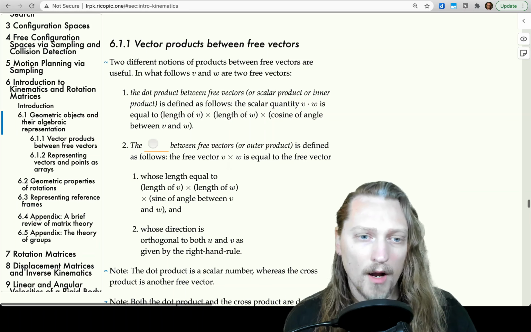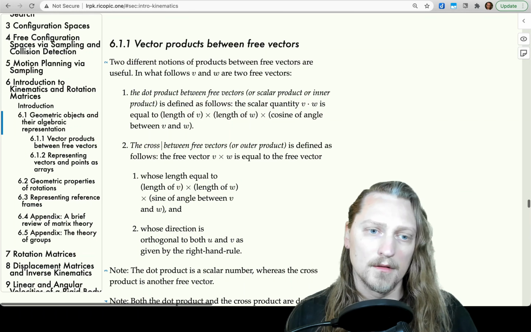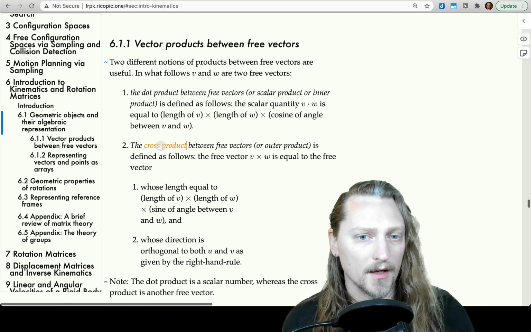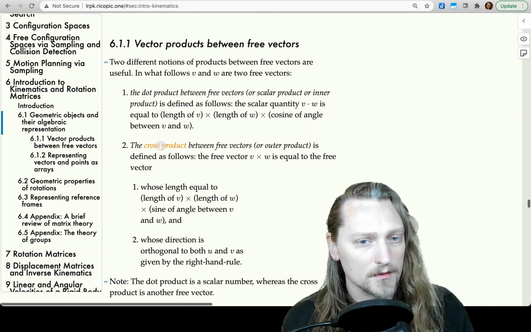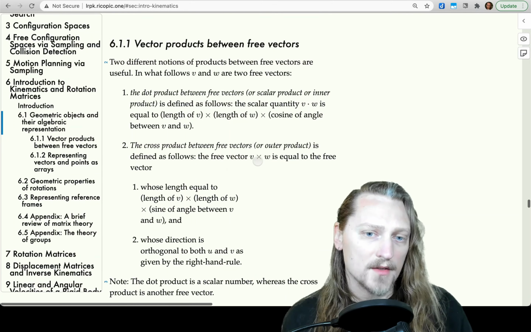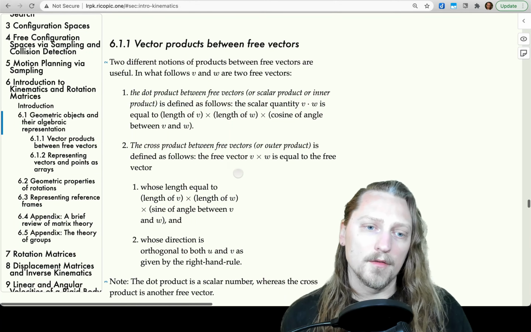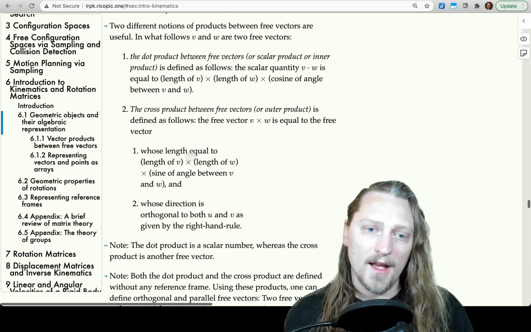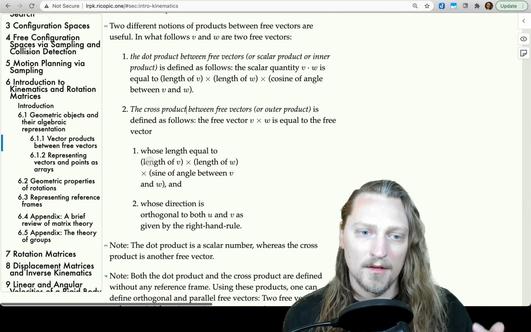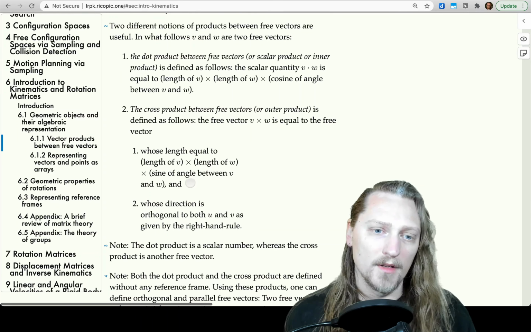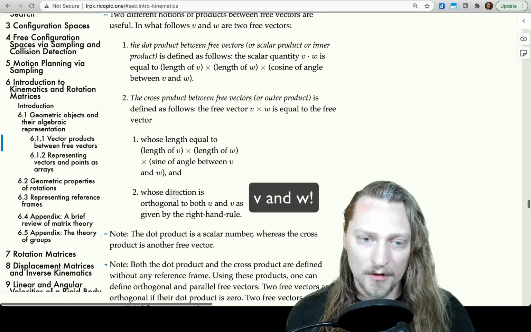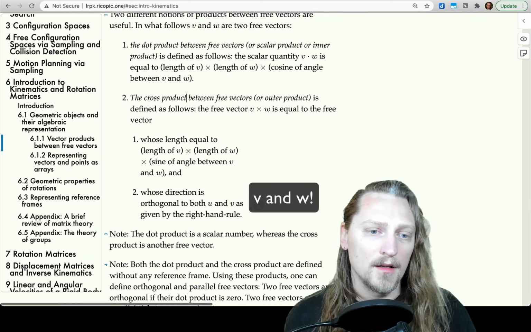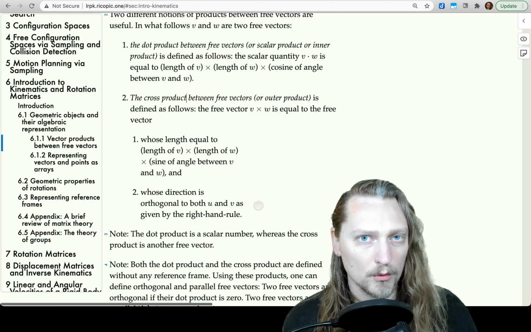Two, the cross product between free vectors, or outer product, sometimes called, is defined as follows. The free vector V cross W is equal to the free vector, one, whose length is equal to the length of V times the length of W times the sine of the angle between V and W, and two, whose direction is orthogonal to both V and W as given by the right-hand rule.